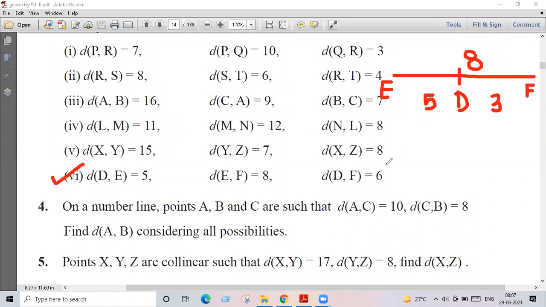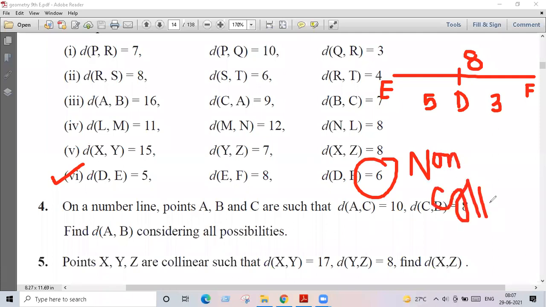It should be 3. But DF is 6. DF is 6. Therefore, they are also non-collinear points, where ED plus DF is not equal to EF. Note that if you add ED and DF, it does not equal your EF. Get it?